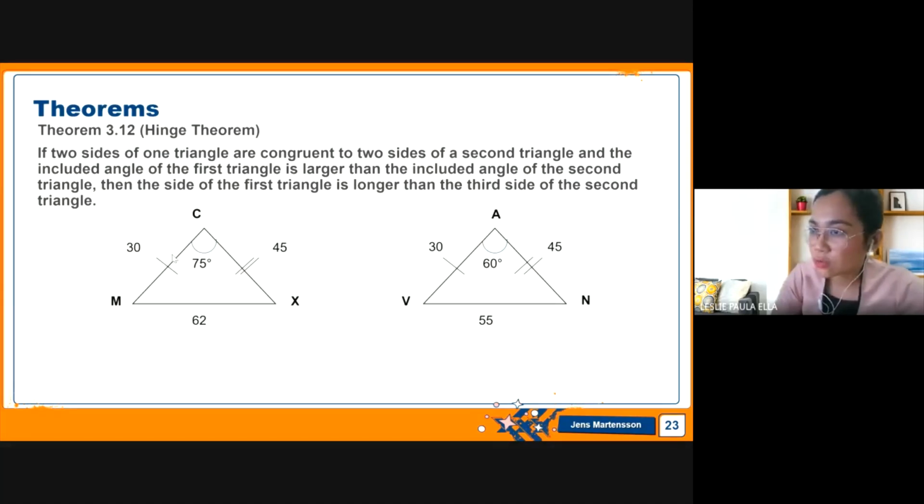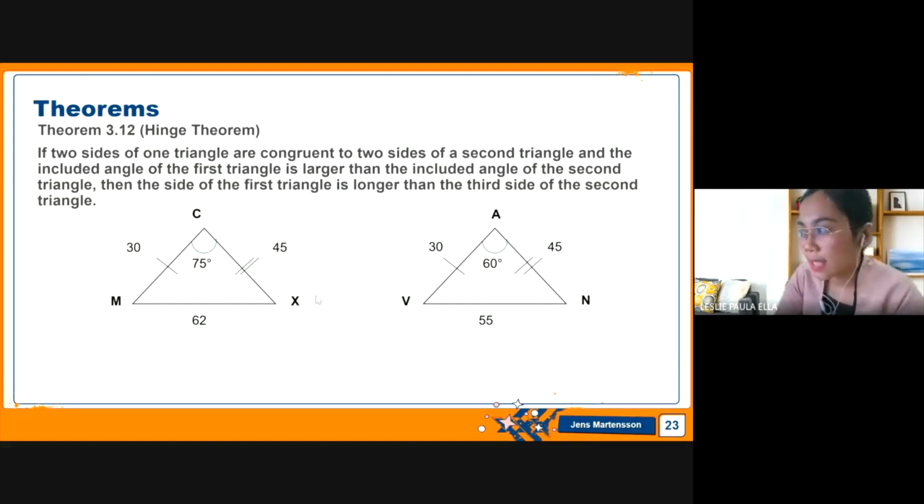You may notice that the first side, line CM, is 30, and also line AV. They are both 30. How about line CX and line AN? They both have the value of 45, so they are also congruent.